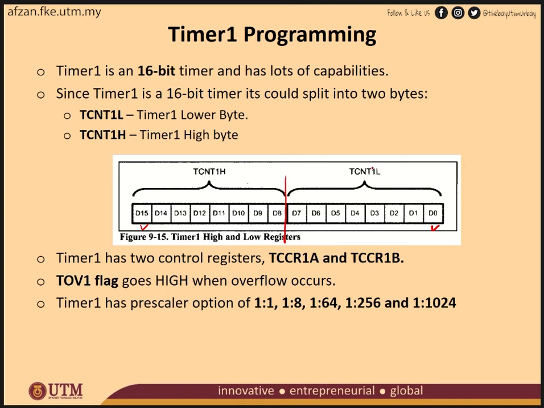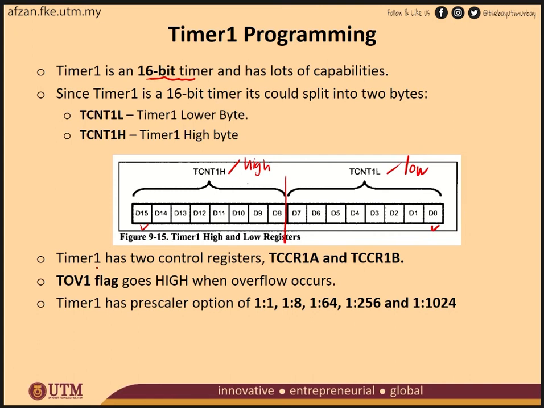One we call TCNT1L, this is for the lower byte, and one, TCNT1H, is for the high byte. So timer 1 is a 16-bit timer. Since it is a 16-bit timer, your TCNT, your counter register, also has 16 bits, so you need to divide it into 2 bytes. One is low and the other one is high.